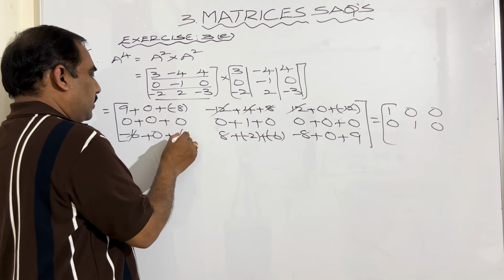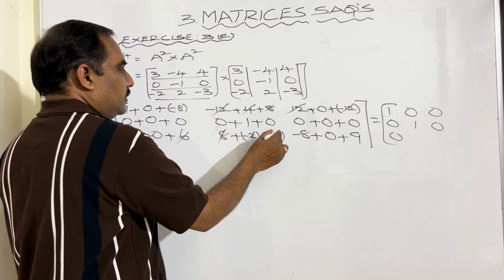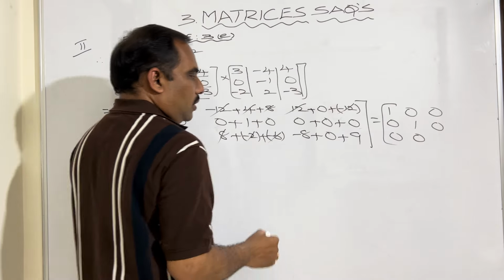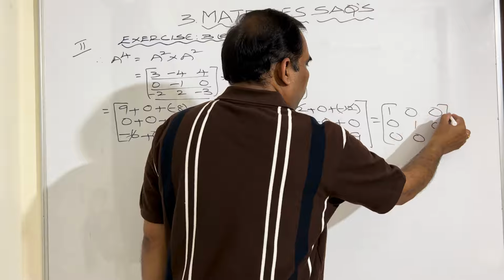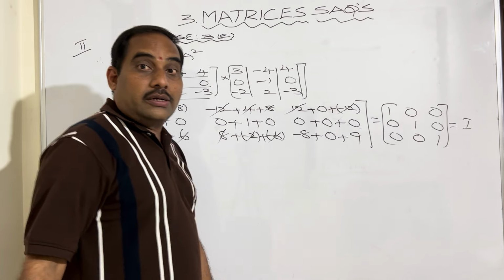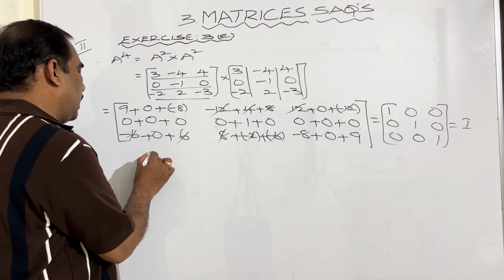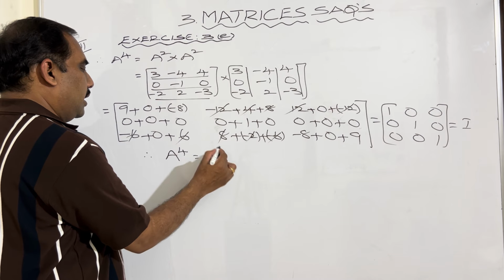Now plus 6 minus 6 gets cancelled, this is 0, and plus 8 minus 8 also gets cancelled, that is 0, and minus 8 plus 9, that is 1. See what we get here: A power 4 is equal to the unit matrix of order 3, that is I.